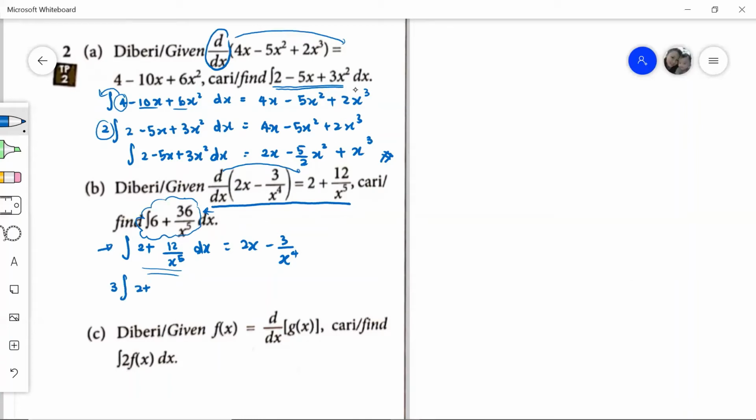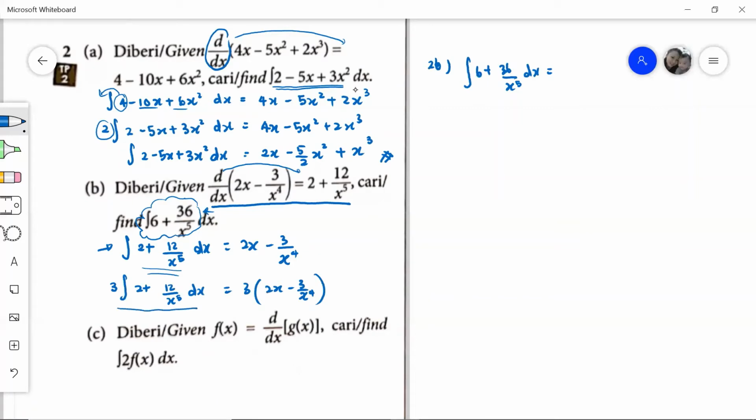So 2 plus 12x to the power of 5 dx. On this side we also multiply by 3, 2x minus 3 over x to the power of 4. We will get 6 plus 36x to the power of 5 dx on the left side.